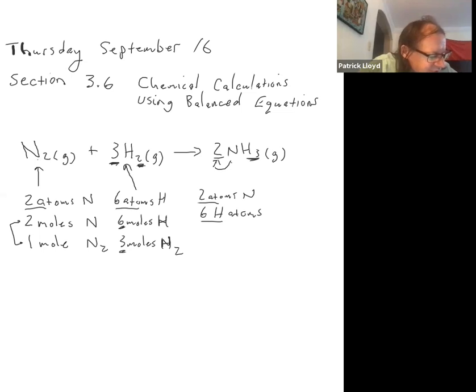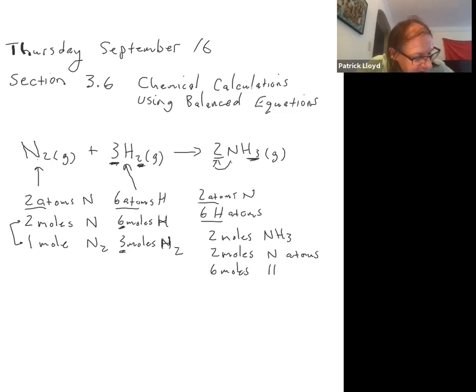And then we can also do it in terms of moles. In terms of ammonia, now we have a group, right? It's 2 moles of ammonia, right? So that's a different substance. But within that ammonia, there's nitrogen and hydrogen, okay? So we really have 2 moles of nitrogen atoms and 6 moles of hydrogen atoms.